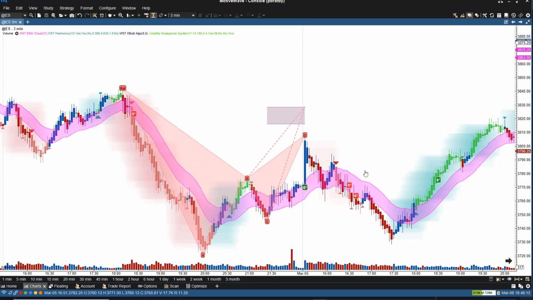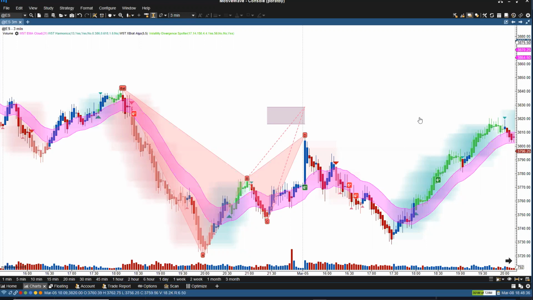It's designed to give confirmations for trading signals. So whether you're trading a harmonic, an XPRAT, or an Elliott wave on a smaller time frame, those divergences and that volatility tell you whether it's a bullish or a bearish state.